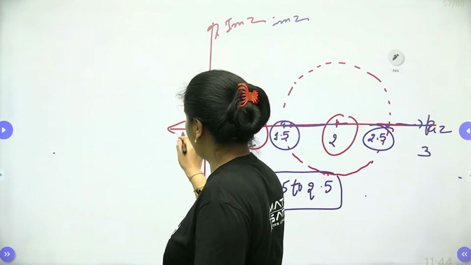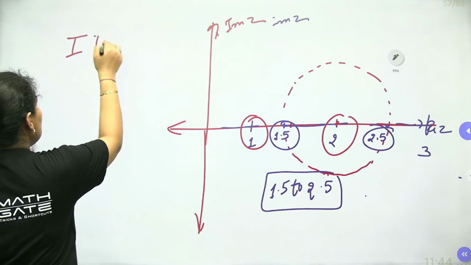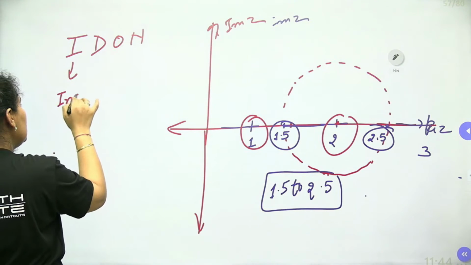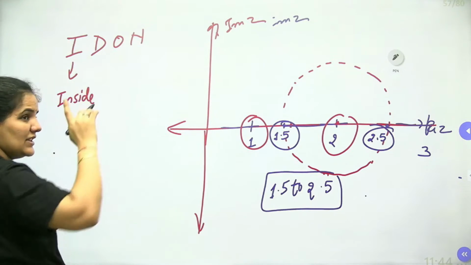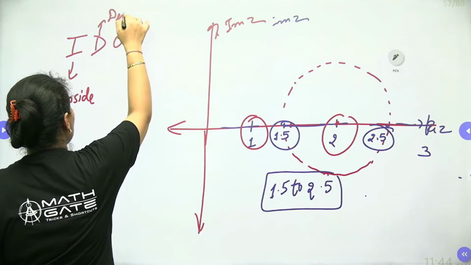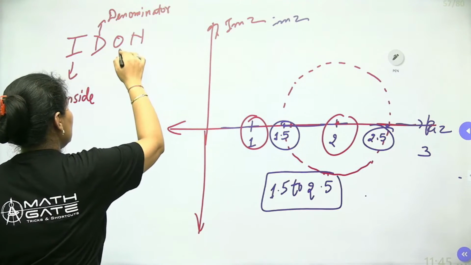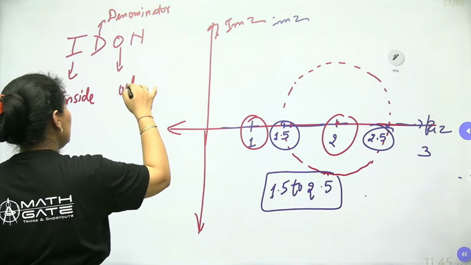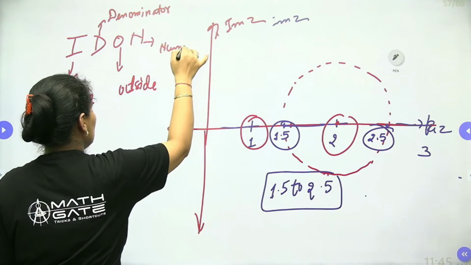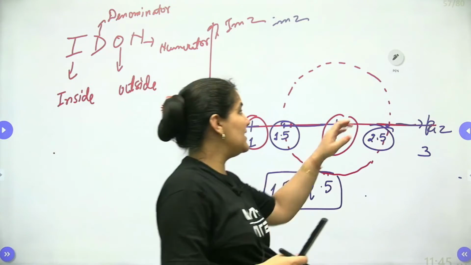Now what is the meaning of IDON? I means inside. The pole which is inside will be considered in the denominator only. The pole which is outside, O is denoting outside, will be considered in the numerator only. Is it clear?